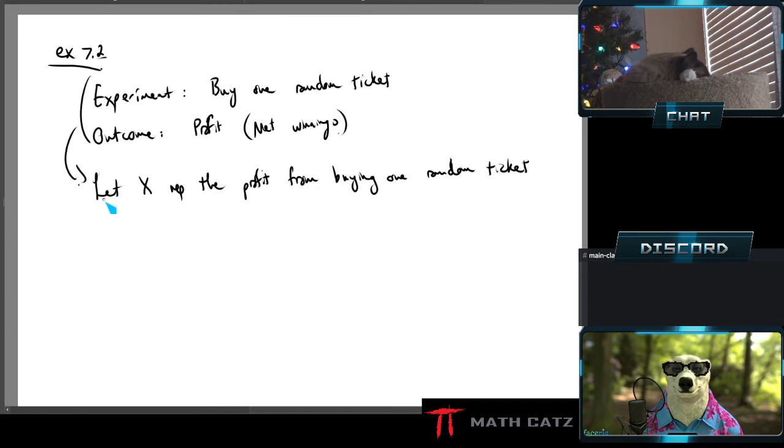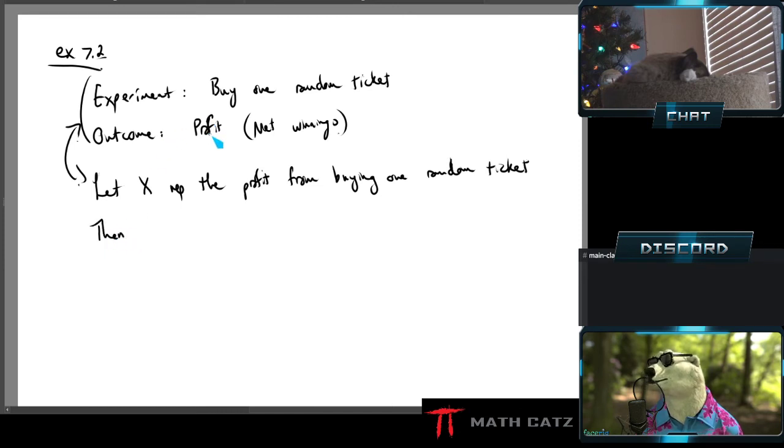They are connected. If the experiment changes, like I buy 2 tickets or something, or the outcome changes, like whatever else it could be, maybe not profit, but just winnings, then the random variable has to change as well. They are tied to each other.